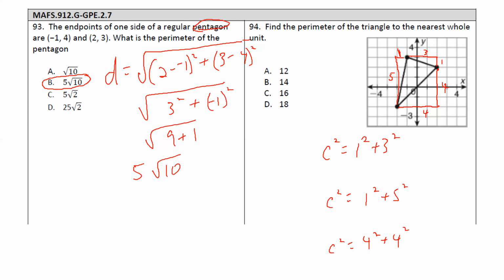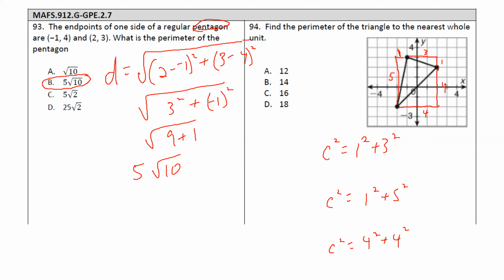I will say on this last one, we could find it faster because this one is one of our special right triangles, a 45-45-90. But again, if we just plug into Pythagorean theorem, we can find decimal answers and then add them all up.